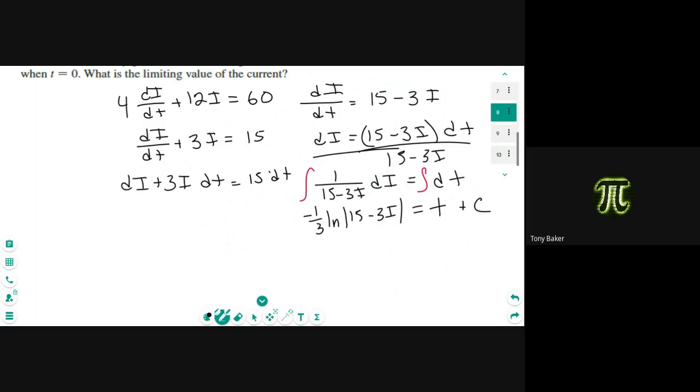Actually, never mind. This is what t is equal to. Since we've already done it once, I don't feel like doing it again.